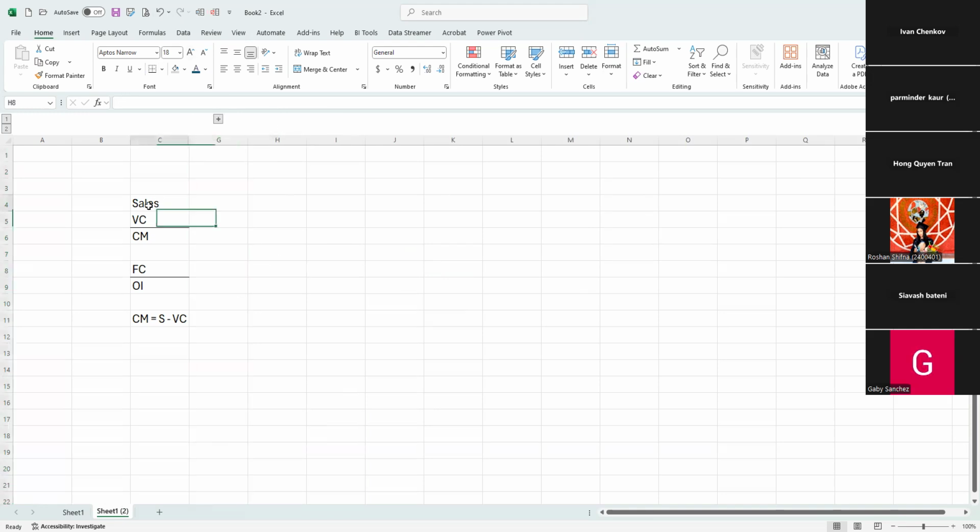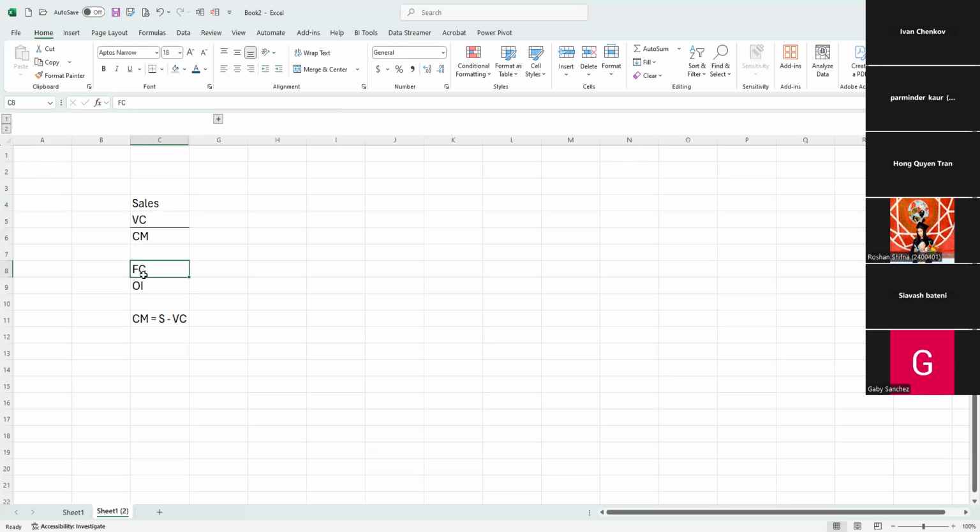Okay. This is the flow of the information: sales, variable cost, contribution margin. Now, if I get sales, we're chasing the break-even in number of units, and I know my sales have to be enough to cover my variable cost and my fixed cost. But sales minus variable cost is going to give me contribution margin. Then my contribution margin has to be high enough to cover my fixed cost.